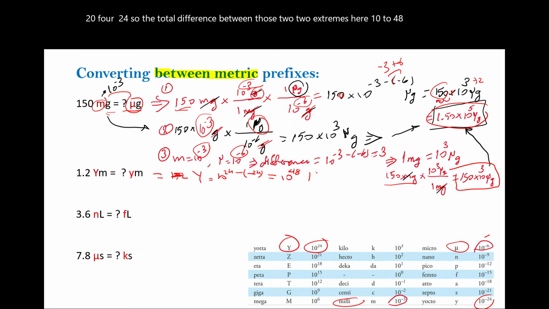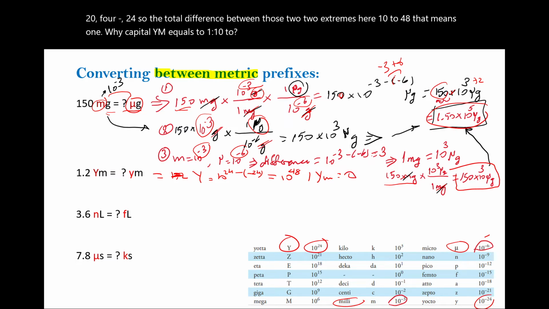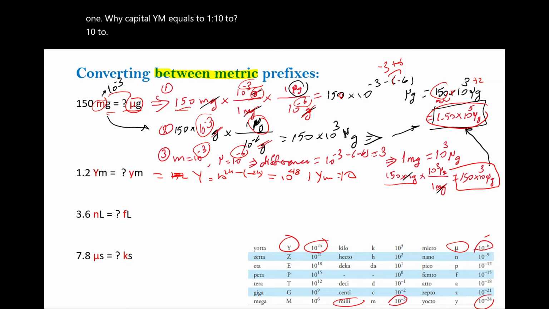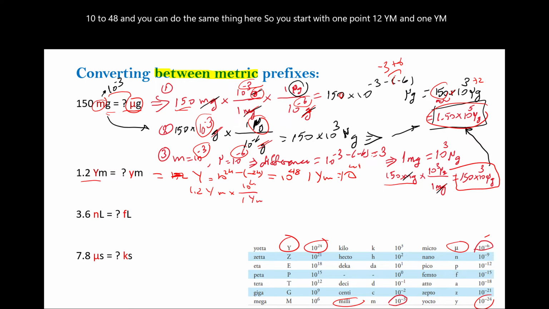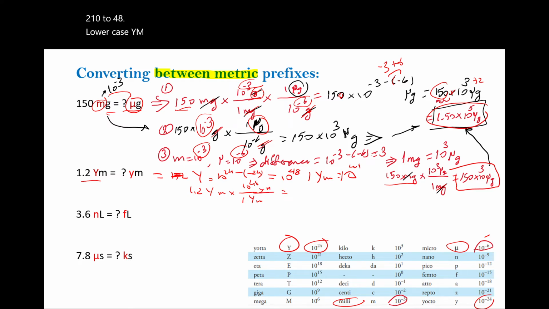That means 1 capital Y m equals 10 to 48 lowercase ym. You can do the same thing here: you start with 1.2 ym, and 1 ym equals 10 to 48, so basically 1.2 times 10 to a huge number.